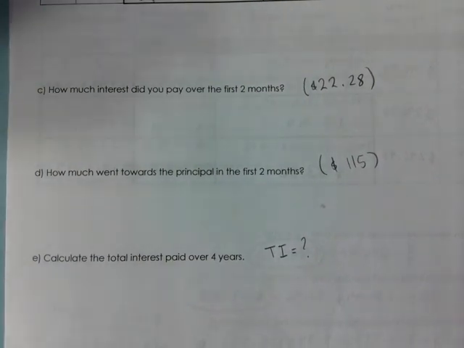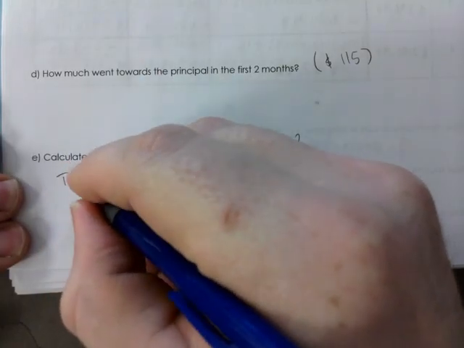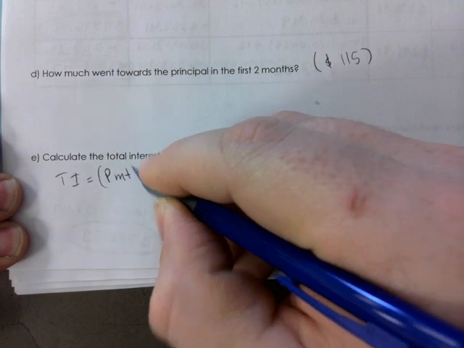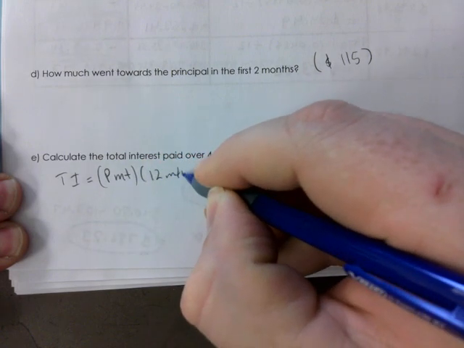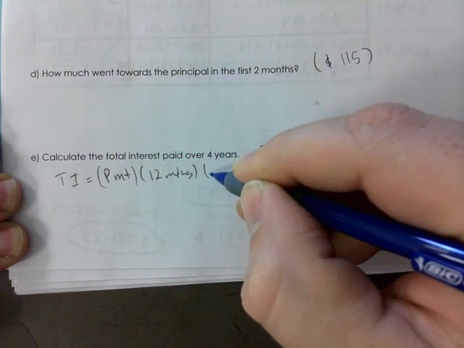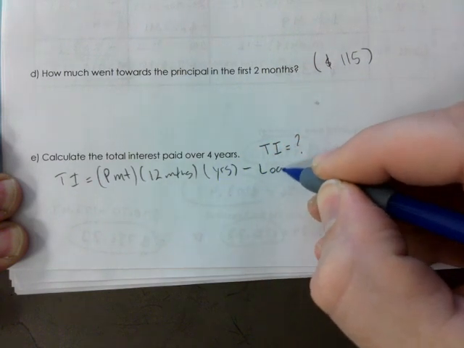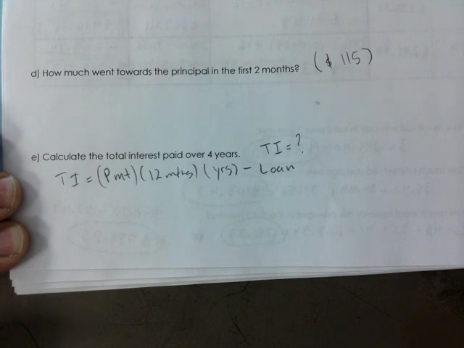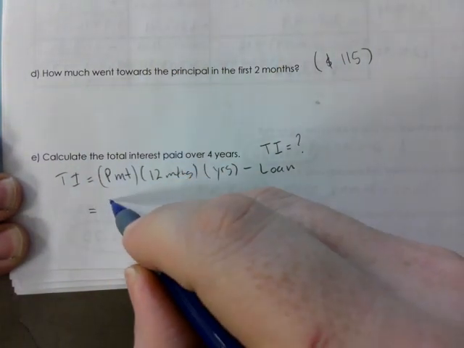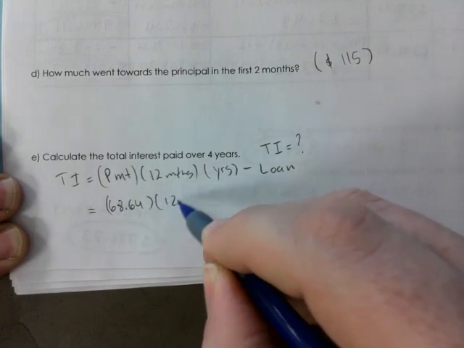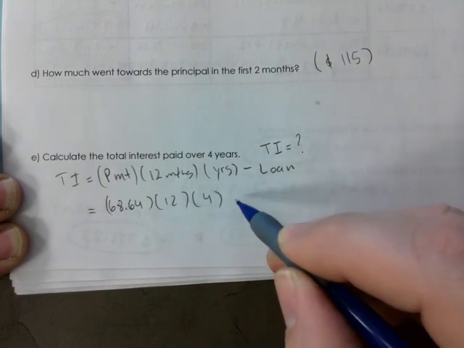The total interest you can figure out using, you guessed it, TI is just payment, right, times 12 months, times in this case years, 4, right, minus the loan. So our payment is 68.64 times 12 times 4 years.